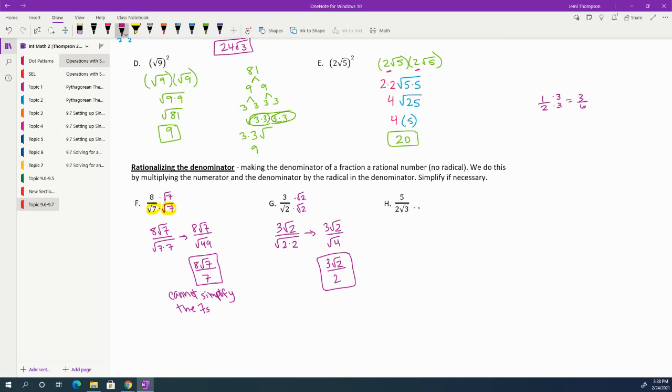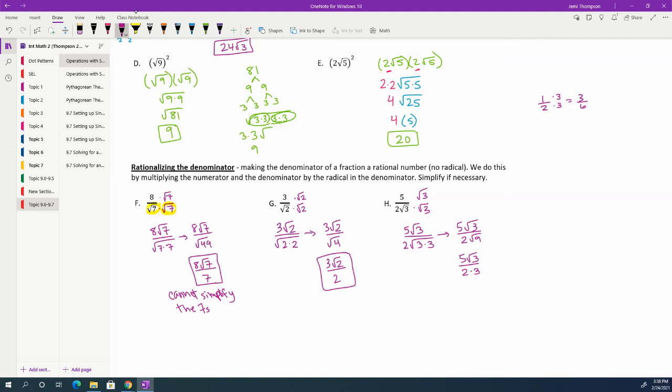So I'm going to multiply the bottom by square root 3 and the top by square root 3. That leaves me with 5 square root 3 divided by 2 times square root of 3 times 3. 3 times 3 in my denominator becomes 9.